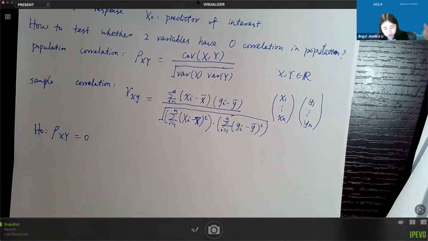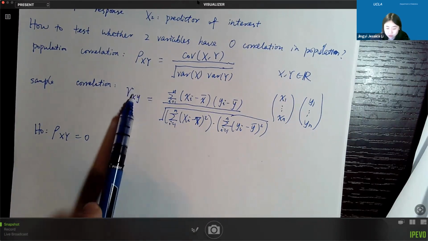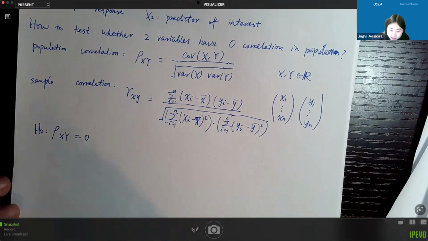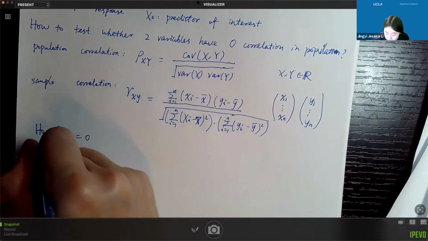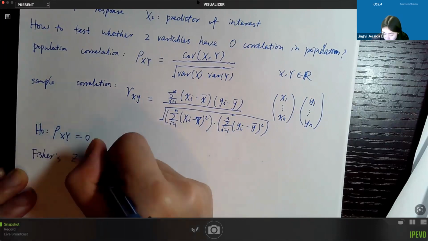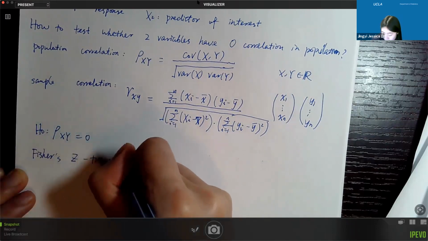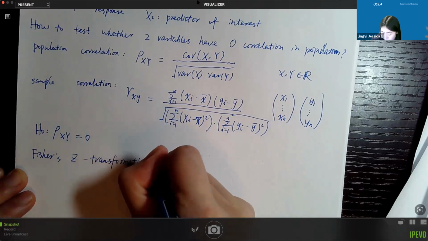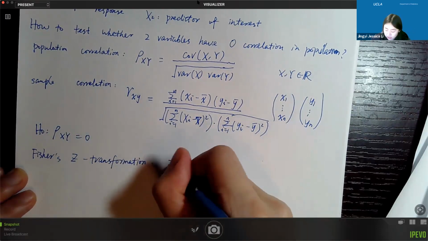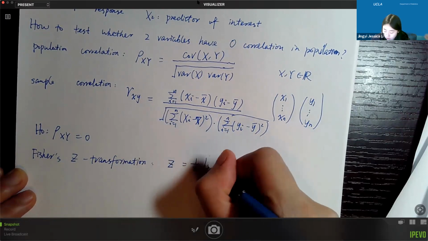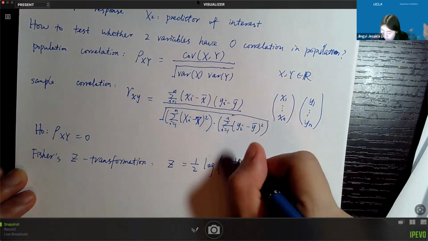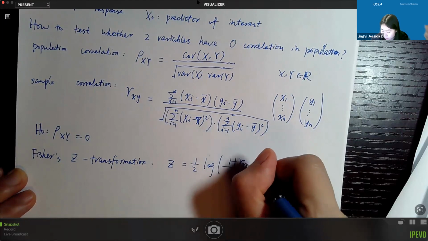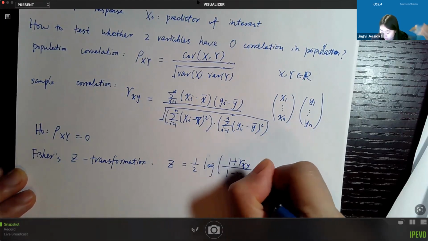Fisher has something called the Z transformation to address this issue. Basically, the Z transformation is based on the sample correlation by transforming it. Fisher's Z transformation is a very simple transformation that gives us a normal distribution. It defines the Z statistic as 1/2 log of (1 plus r xy) over (1 minus r xy).